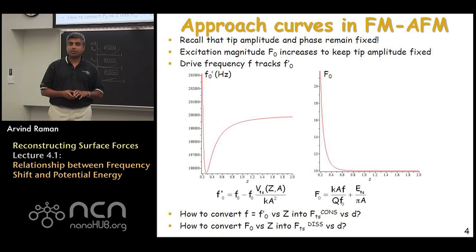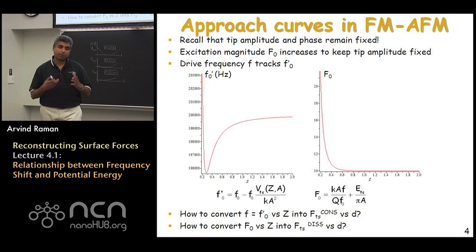All right, so using the method that we have discussed in the class, you may recall that when you're approaching a sample, we're going to be tracking frequency shift, F0 prime, which is the new frequency, the modified frequency, due to the tip sample interaction forces as a function of z, and you might expect a graph like shown on the left here, that as you approach the sample, the attractive forces make the frequency shift become negative, or the modified frequency becomes lesser than the natural frequency of the probe, and then as repulsive interactions set in, the modified natural frequency of the probe, which is F0 prime, I think we'll also call it effective natural frequency of the probe, starts increasing as you come much closer to the sample due to the repulsive interactions.